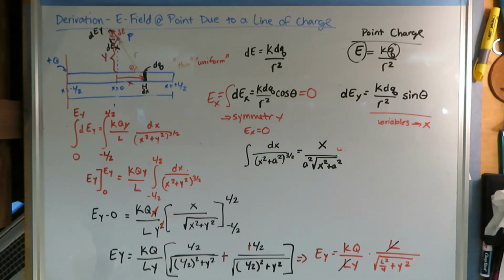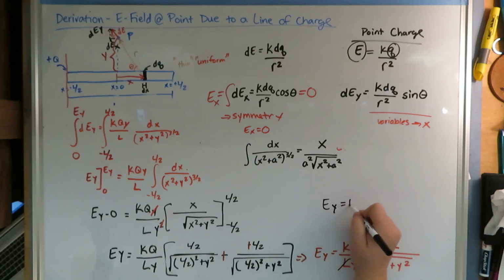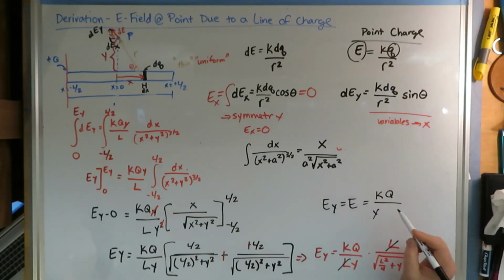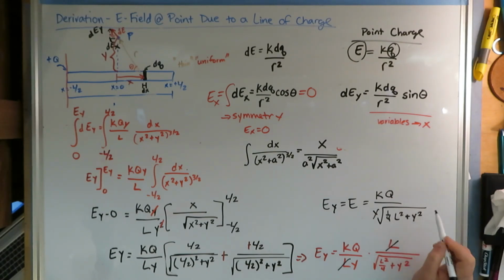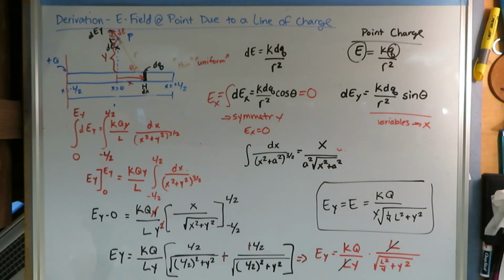So our final answer ends up being E_y, which is equal to E in this case, is going to be kq over y times the square root of 1 over 4 L squared plus y squared. And that would be our final answer.